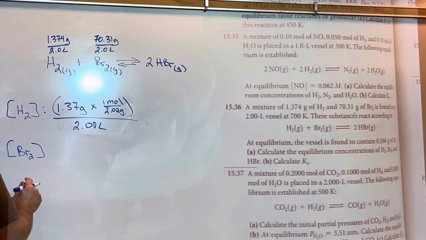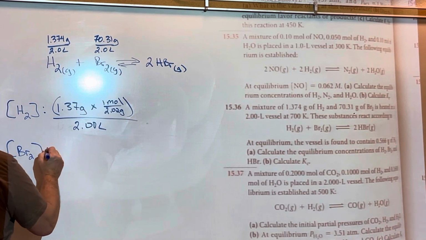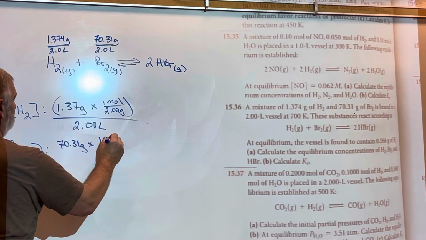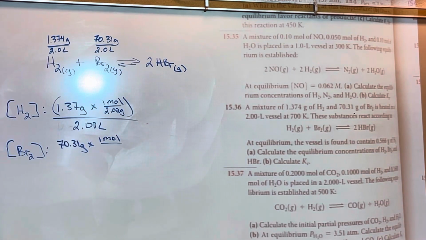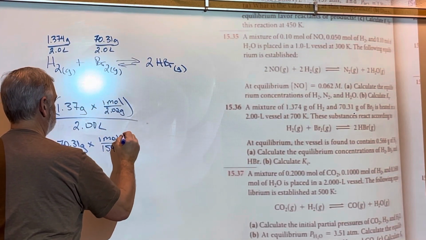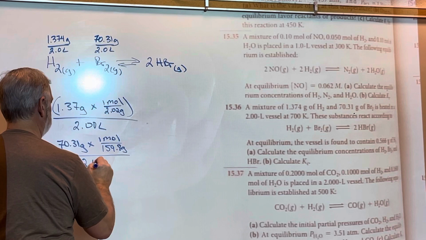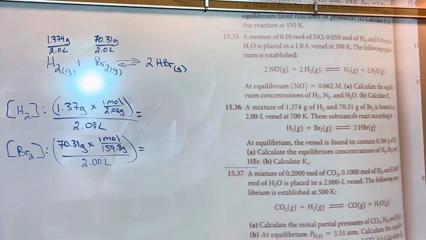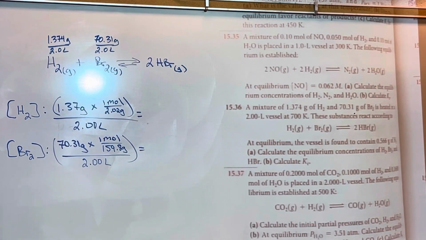So the Br2 is going to equal bromine 79.9 times 2, which is going to equal 159.8. So the first thing we have to do is just get it in terms of molarity. And so I know somebody's doing these numbers for me.